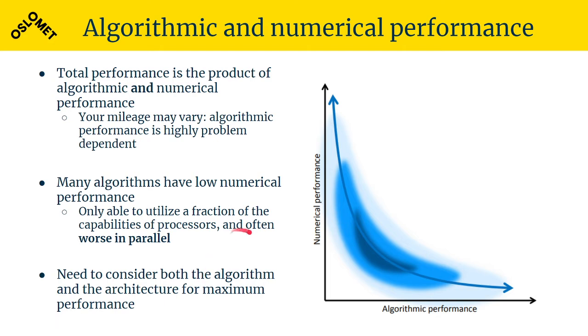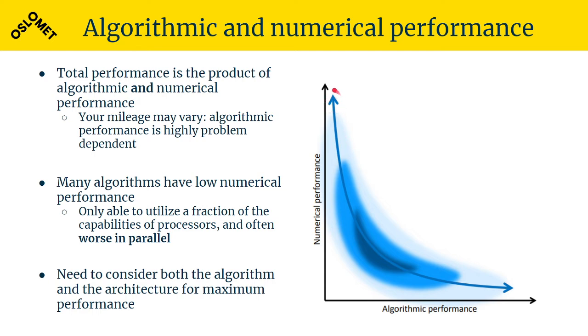This graph illustrates that you have a numerical performance of an algorithm, which essentially tells you how well your algorithm fits with the processor. If you have a massively parallel architecture and a massively parallel algorithm, that's a very good fit because it's going to be way up here. The problem is that these kinds of algorithms are often very inefficient in an algorithmic sense. For example, in matrix multiplication, you can do it in an efficient way and in inefficient ways.